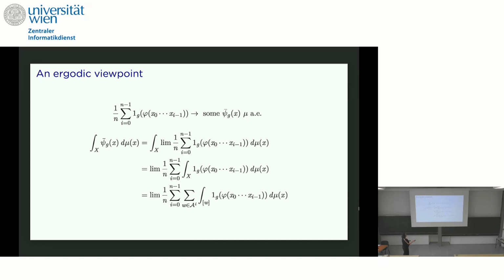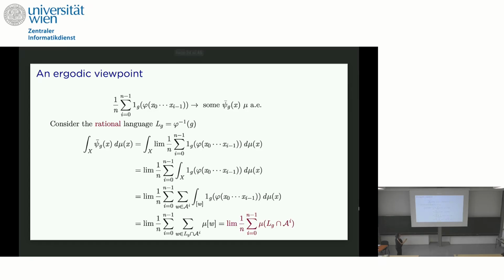But this gives us the idea of considering some particular languages, rational languages, which are pre-images by my morphism of one given element of the group.